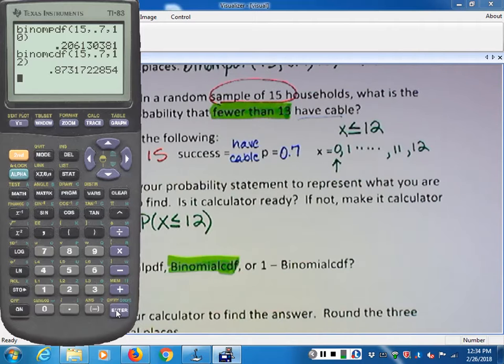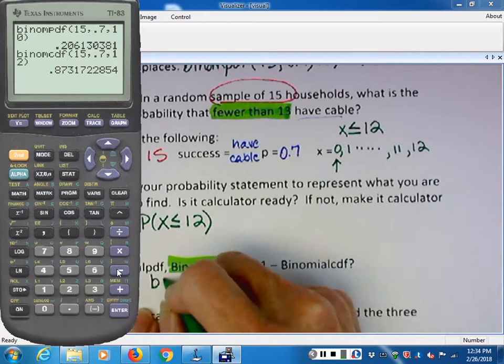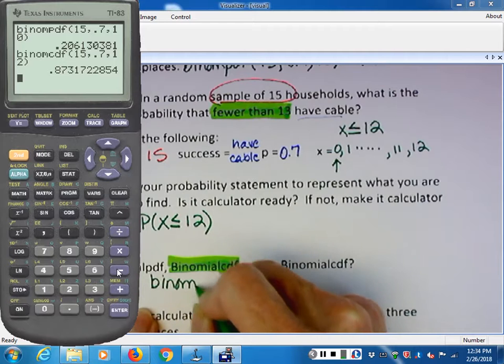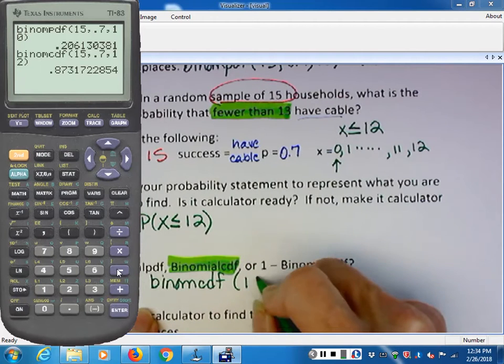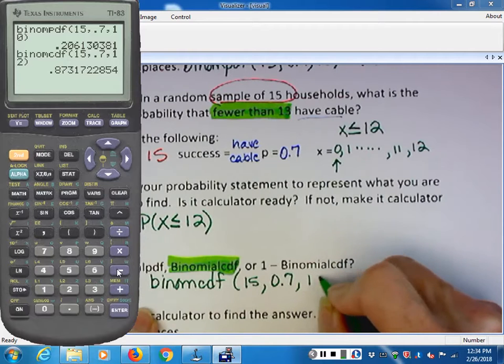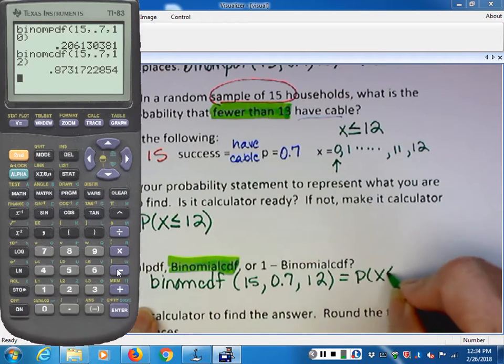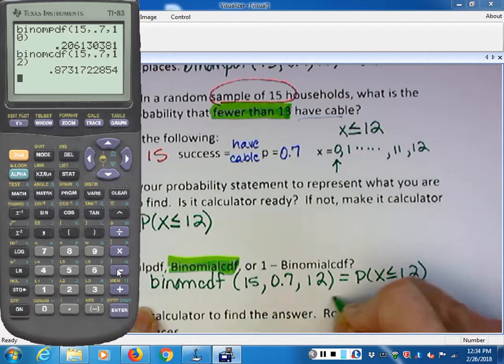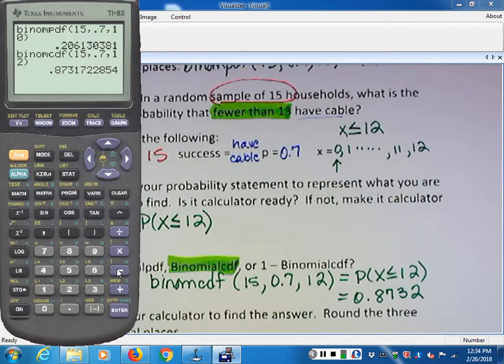Okay? And if we round that to 4 decimal places, it would be 0.8732.